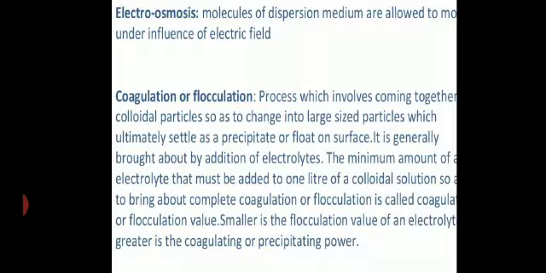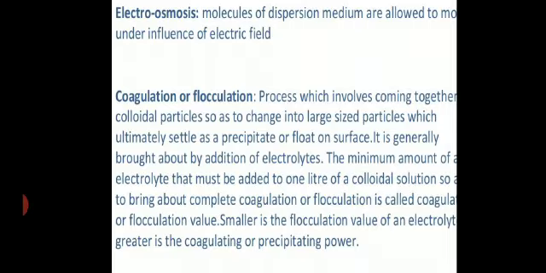The ion which is responsible for neutralizing the charge on the colloidal particles is called the coagulating ion or flocculating ion. It may be a positively or negatively charged ion, and it brings the particles closer to each other. These neutral particles then start accumulating to form particles of larger size, which is known as coagulation or flocculation.